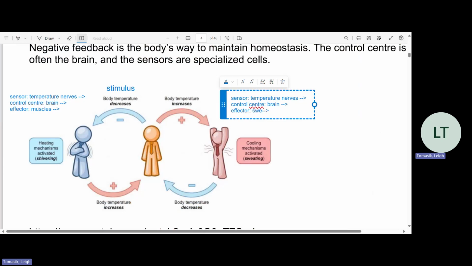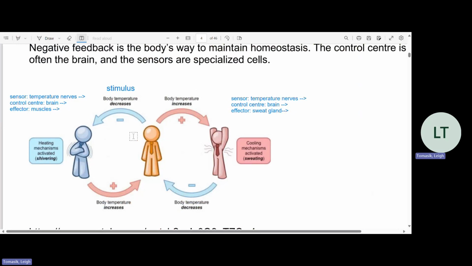Well, it'll send a message to your muscles to stop shivering, but it will also send a message to your sweat glands, right, which are effectors, and your sweat glands will release water, and the water will use the extra heat from your body to evaporate, and then your body temperature decreases and it goes back to normal.